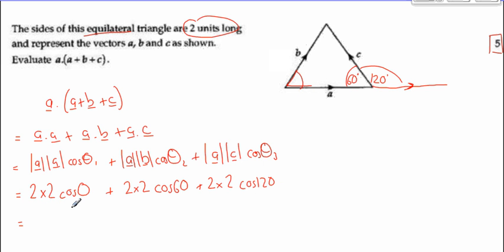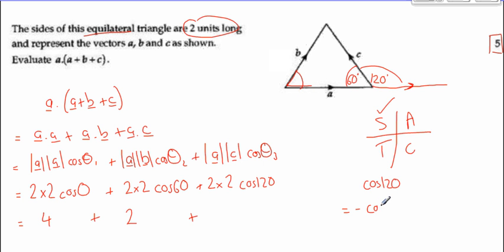Okay, so this cos 0 is 1, so that's just 2 times 2, which is 4. Add cos 60 is a half, so it's 2 times 2 times a half, so 2 times 2 is 4 times a half is 2. That cos 120, if we're doing our exact values, we know that 120 is in the second quadrant. So cos 120 is going to be a negative version of cos, because in that second quadrant cos is negative.